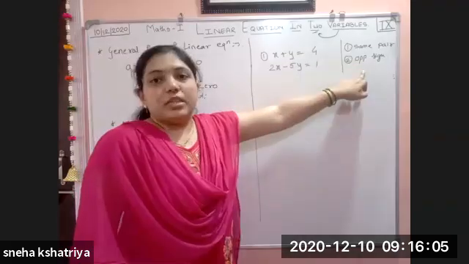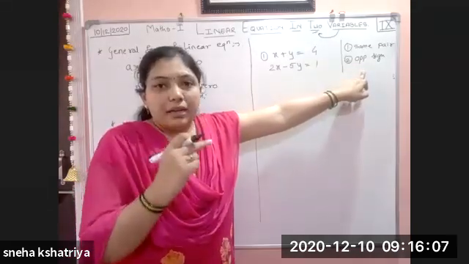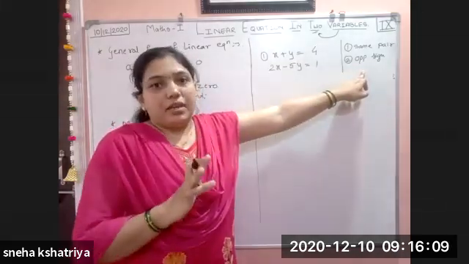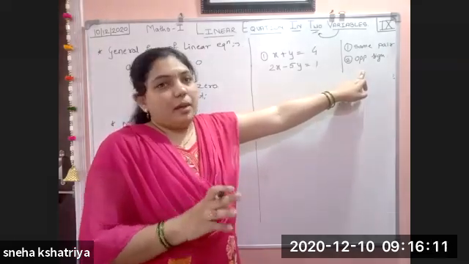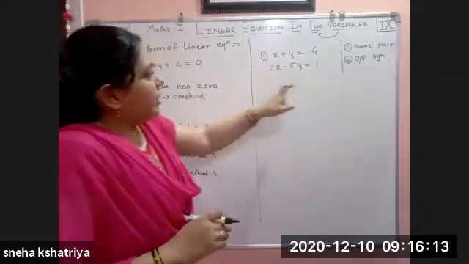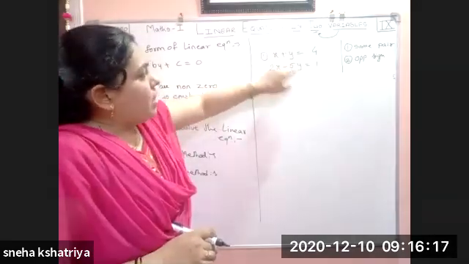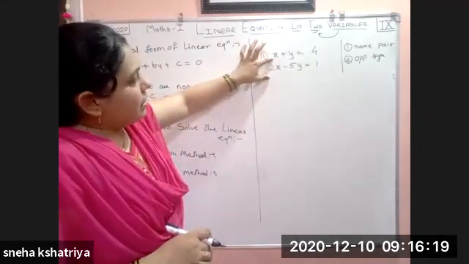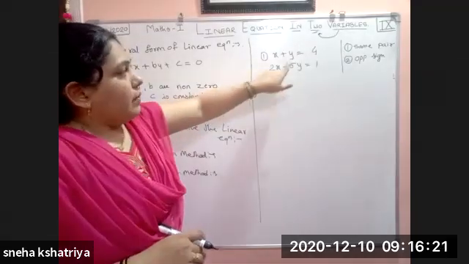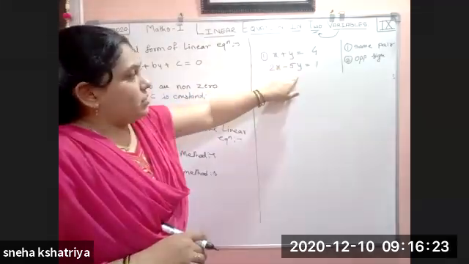And second, the pair should contain the opposite sign. So here this is x, this is x, this is y, this is y. Here is x, here is 2x. Here is y, here is minus 5y.